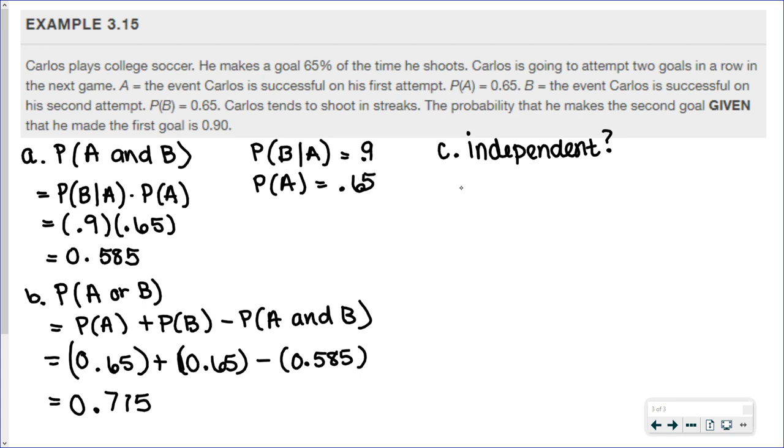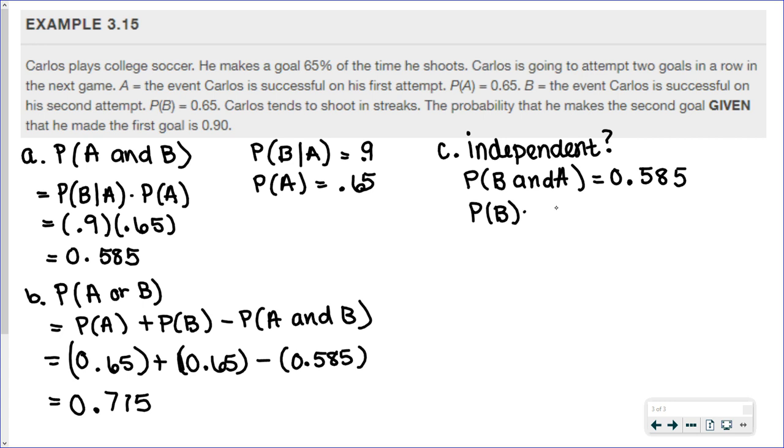So first we want to find the probability of B and A. And we already found that the probability of B and A, or A and B, doesn't matter, is 0.585.